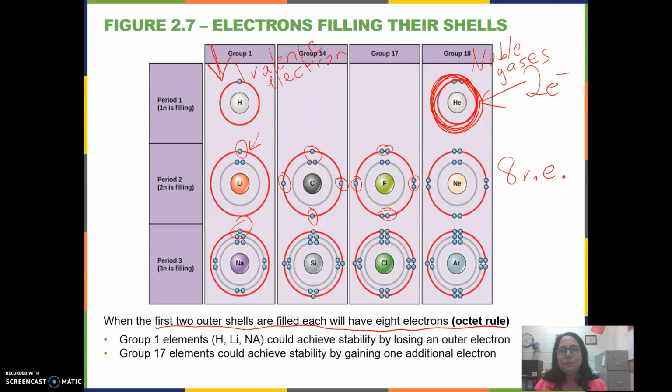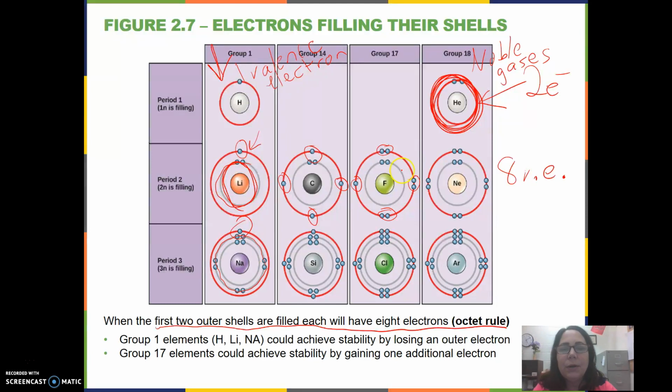So what would it take to make group 1 stable? If group 1 atoms were to lose their valence electrons, then lithium would have its first energy level filled already if it lost that 1 valence electron. Sodium would have 8 electrons in its outer energy level if it were to lose that 1 valence electron.